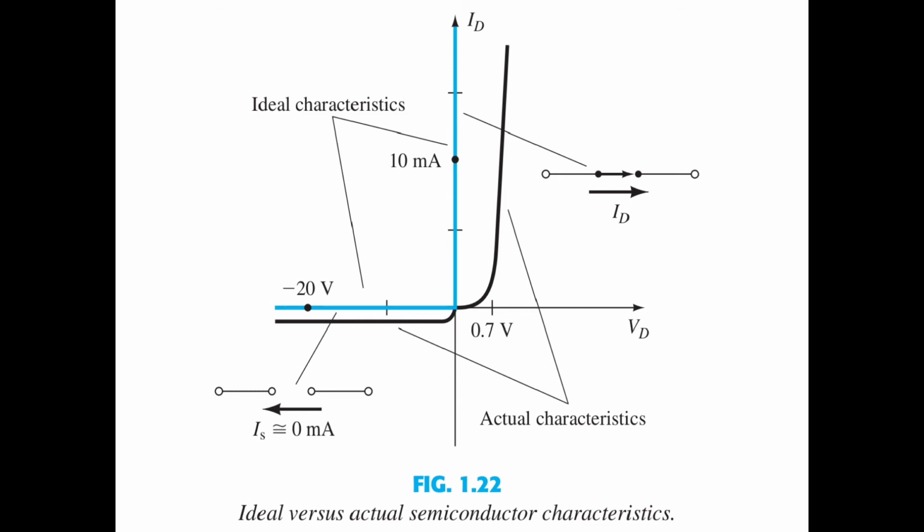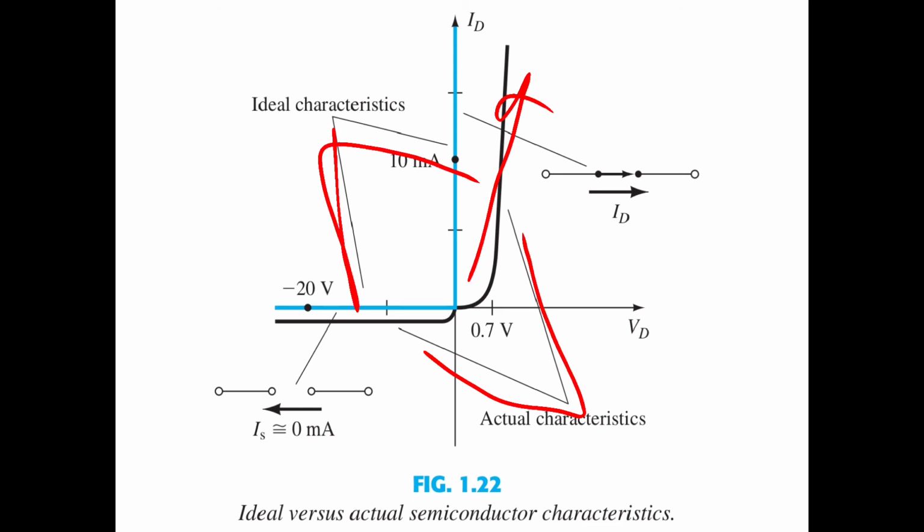So if we apply a voltage greater than 0.7 volt, then there will be a flow of current, which is shown in this axis. This is the case of the actual or practical diode characteristic, and the blue line represents the ideal diode characteristic.